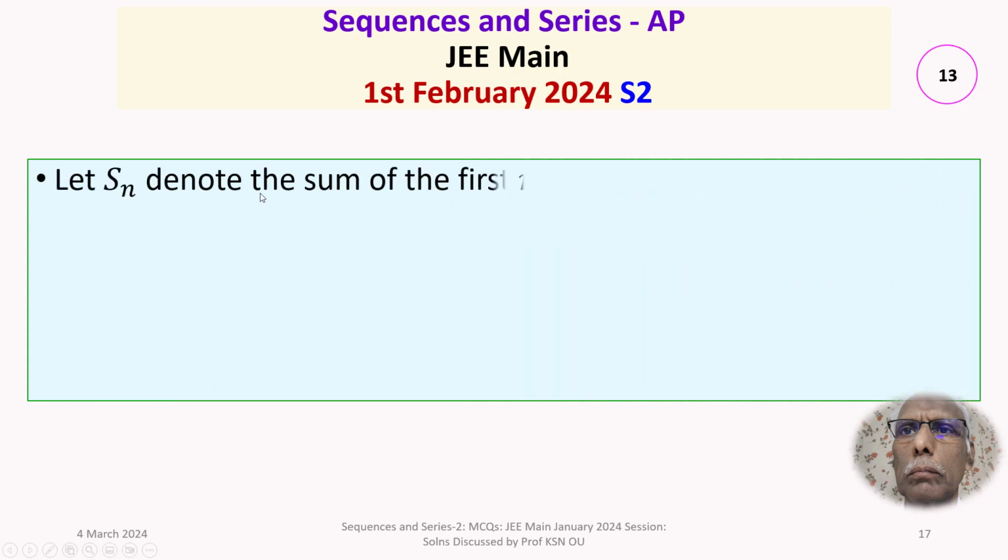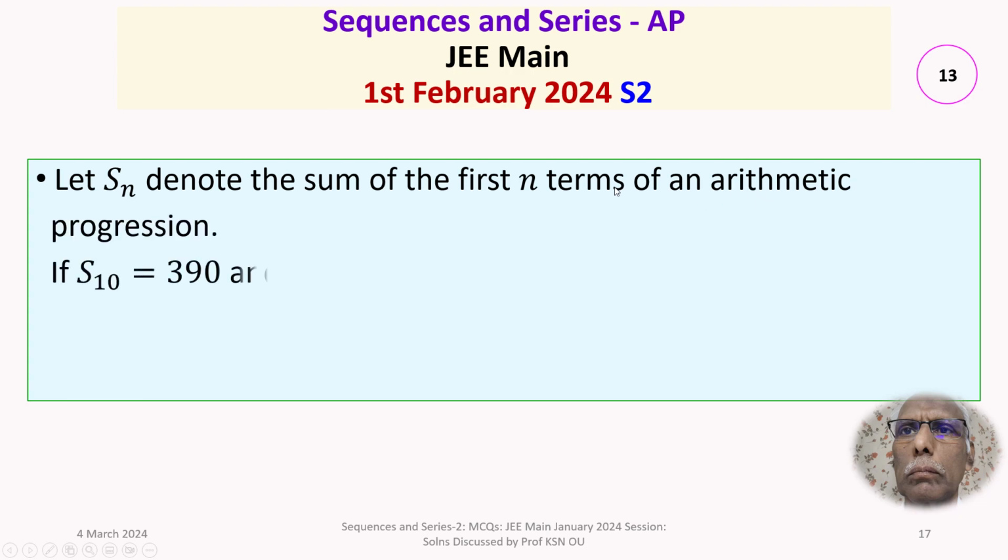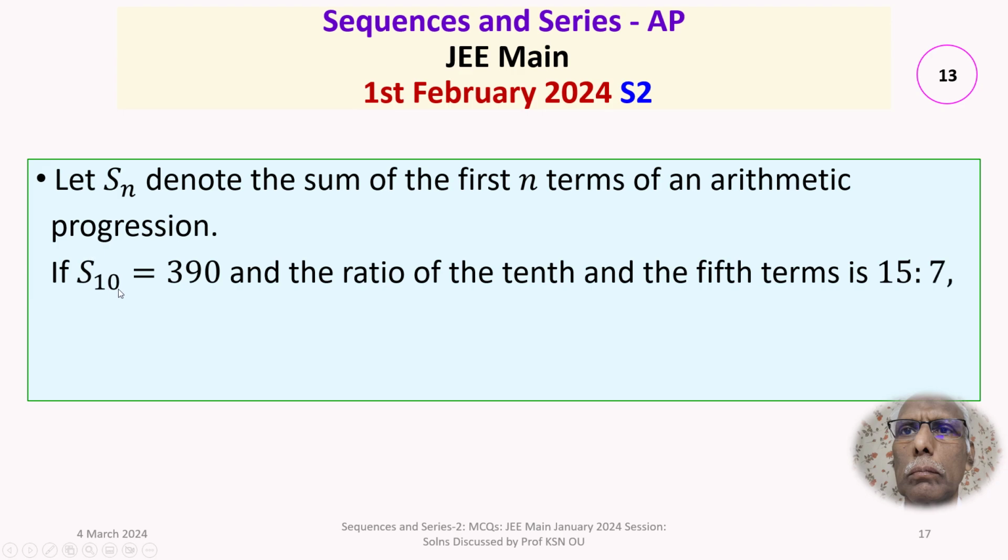Let S_n denote the sum of the first n terms of an arithmetic progression. If S10, the sum of the first 10 terms, is equal to 390, and the ratio of the 10th and the 5th terms is 15:7, then S15 − S5 is equal to.